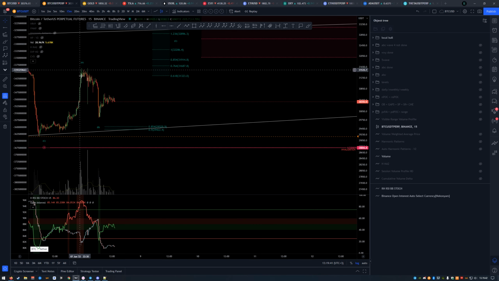And then we would be looking for 5 waves to complete the wave C, to complete this wave 5 of this possible leading diagonal. Maximum, if we have this as a wave 4 here, we would go to 33.8k. Again, if we go higher than that, then this structure is wrong.